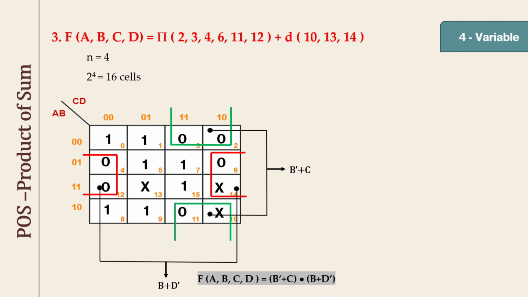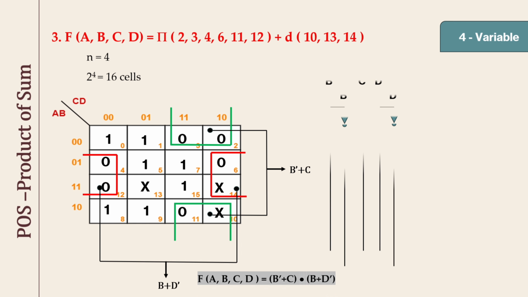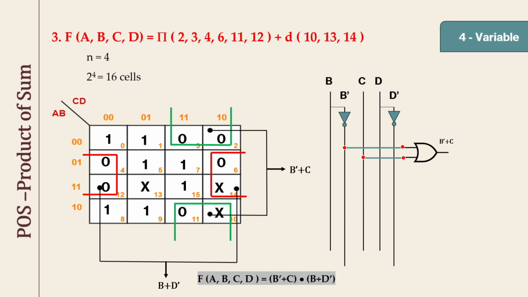Now let's move with the logical implementation. In the simplified expression, we can see two terms, meaning two sum terms, so we need two OR gates. For the first OR gate, we are taking the first input as B bar and the second input as C, so that we get the output from the first OR gate as B bar plus C. For the second OR gate, we are taking the inputs as B and D bar, so that we get the output from the second OR gate as B plus D bar.